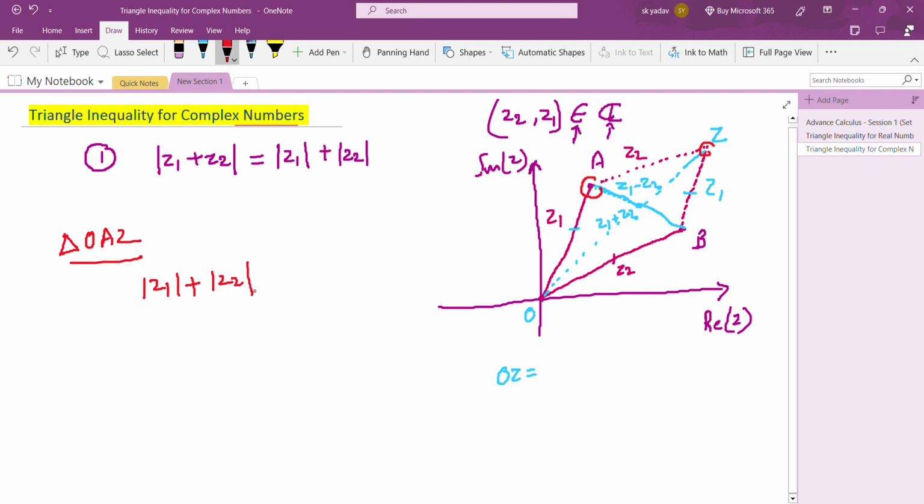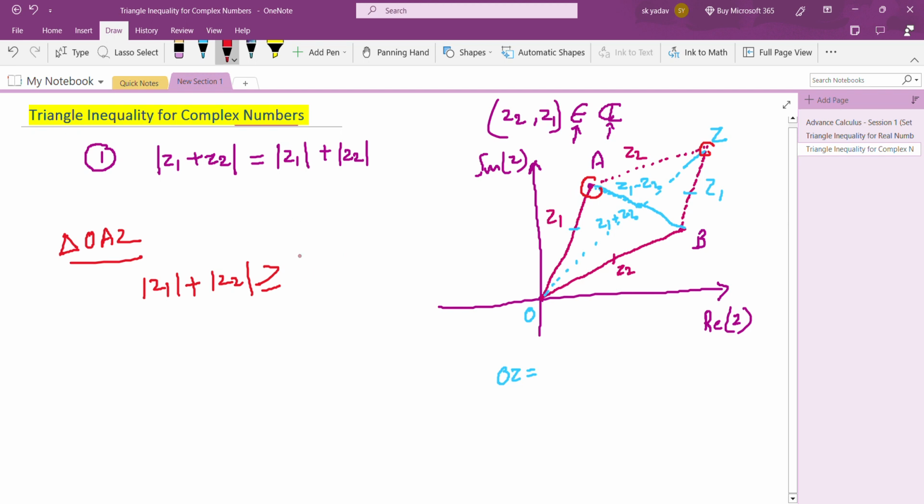How are we saying that this value, Z1 and Z2, is greater than or equal to the modulus of Z1 and Z2, as you remember from the normal triangle inequality law? We have two sides, and the sum of the two sides is always greater than or equal to the third side.